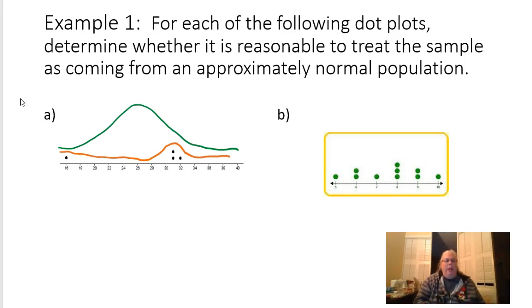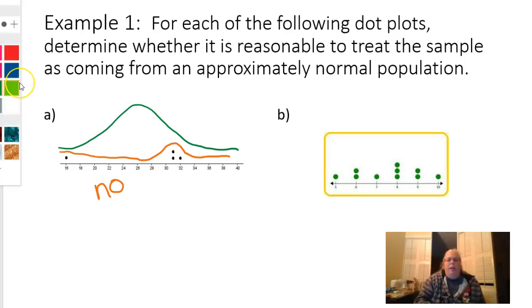This does not look like a normal curve. We've got two places where we got two little hills, two modes, if you will. And so this one, no, we're not going to treat this as coming from an approximately normal population.